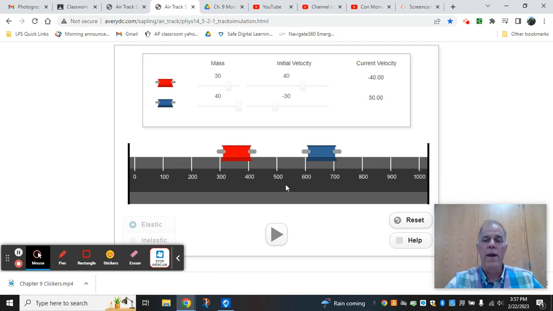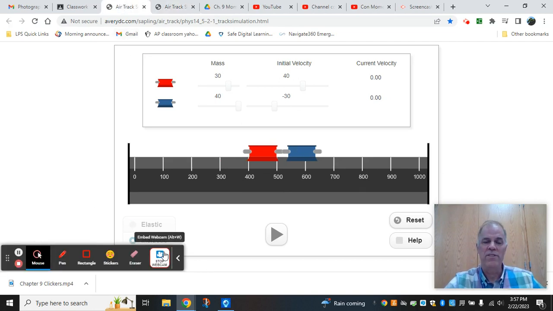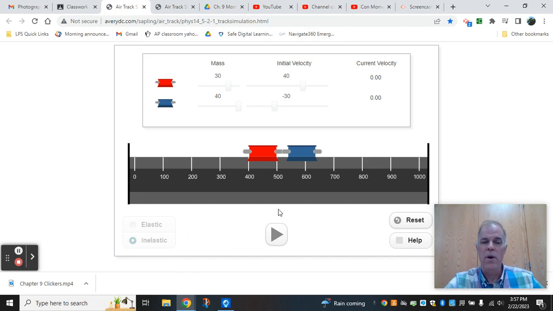The fact that when the center of mass of the system is not moving, which it is in this inelastic collision scenario here. Let's make that go away. There we go. The center of mass of this system was not moving.